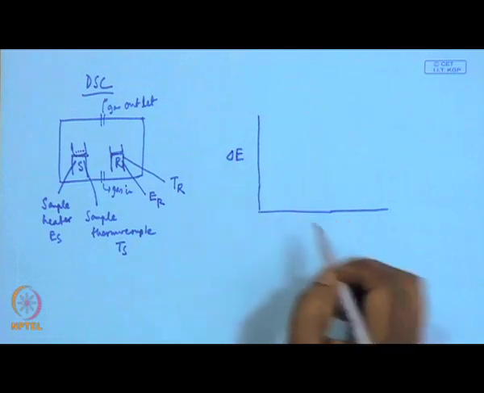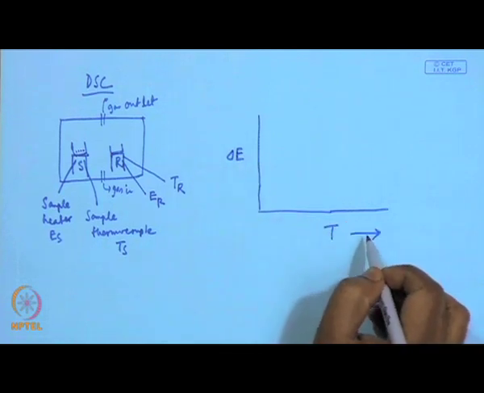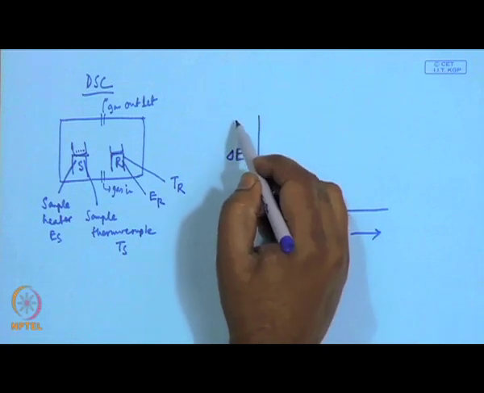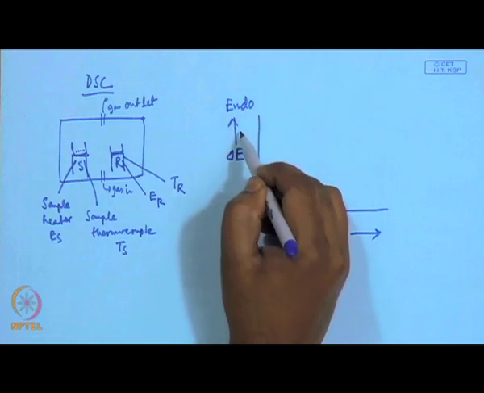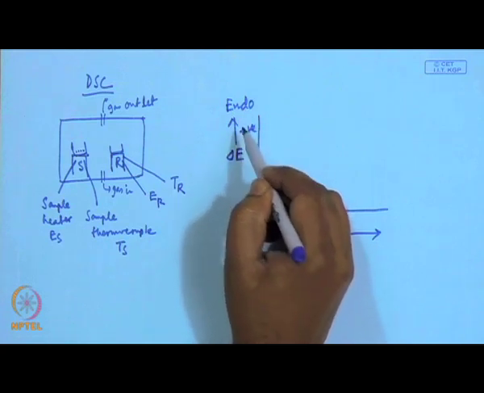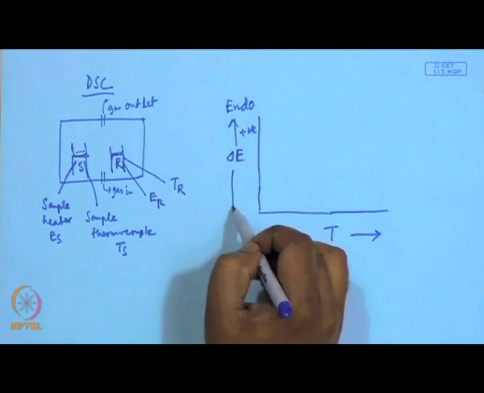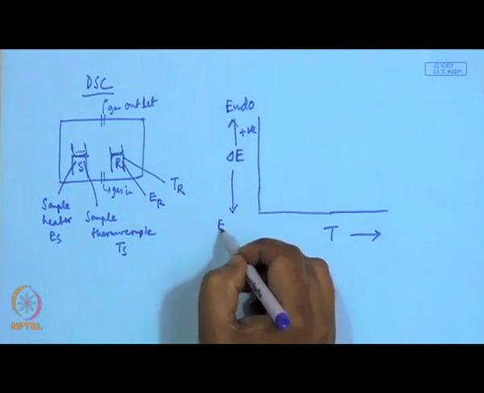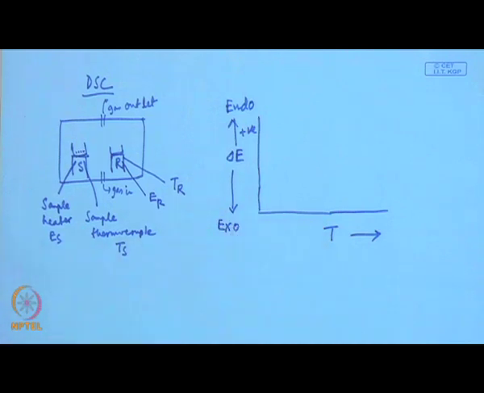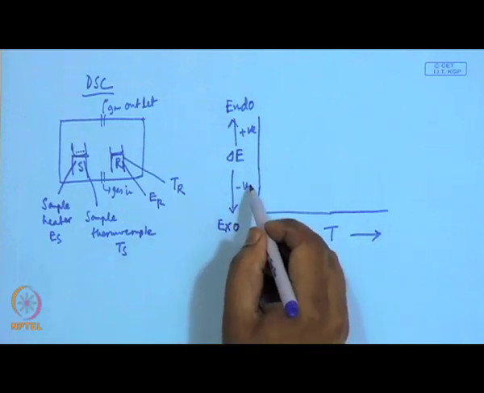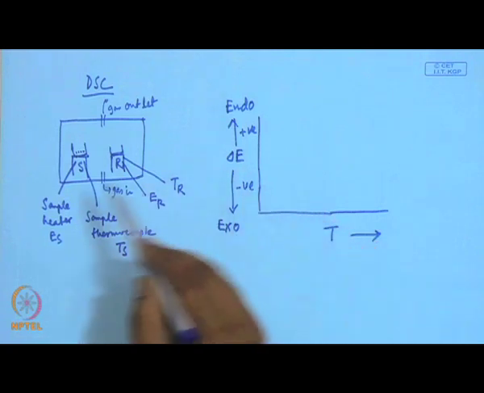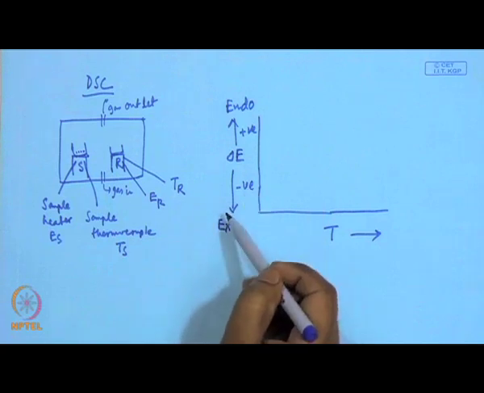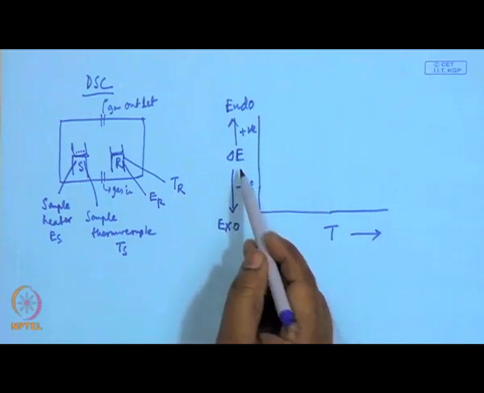So, basically in this case, energy supplied is plotted against temperature. If an endothermic process goes on in the sample, then you have to supply energy from outside. If some exothermic process goes on, then heat evolves in the sample. So, to maintain the same temperature between sample and reference, you have to take out some energy.